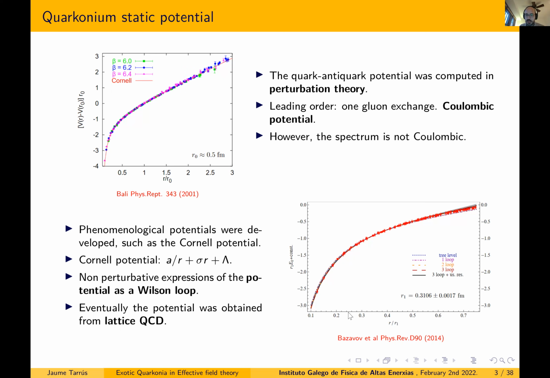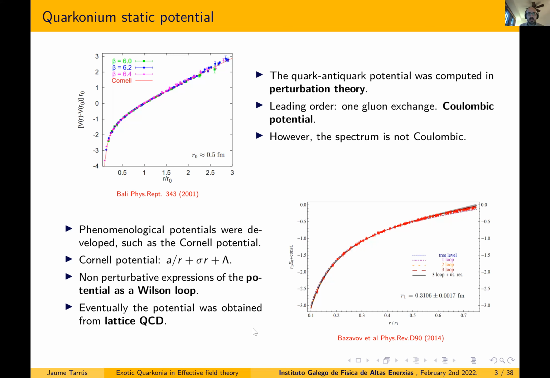So this range here corresponds roughly to this part here of the other figure. And again, the red dots are lattice data. And here you can see it compared to a perturbative computation of the potential. And you see that for short distances, the perturbative computation does actually describe the potential well.